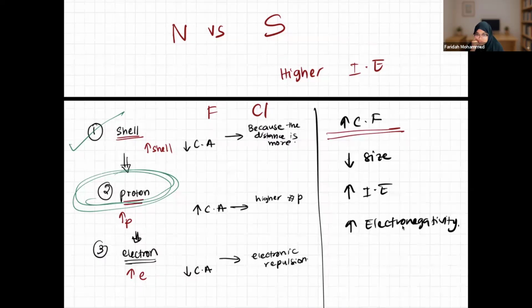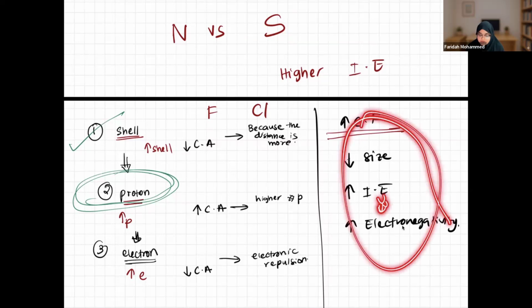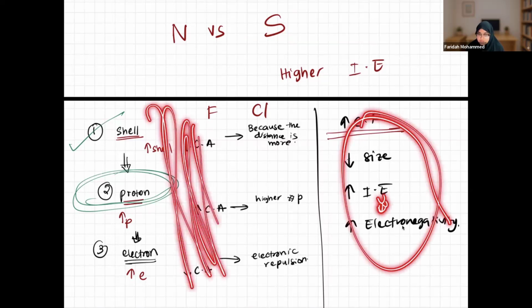But Vivan, you did not explain why it has higher Coulombic force. You did talk about the Coulombic force, but you didn't talk about either one of this part.